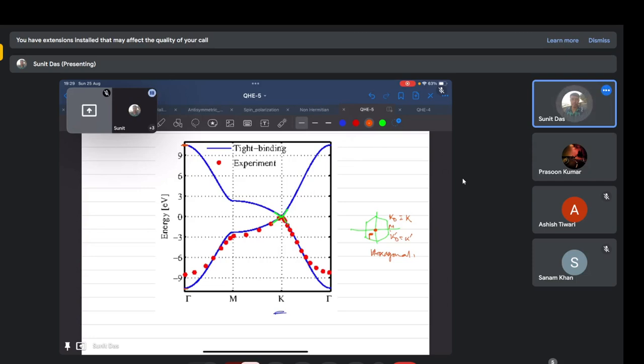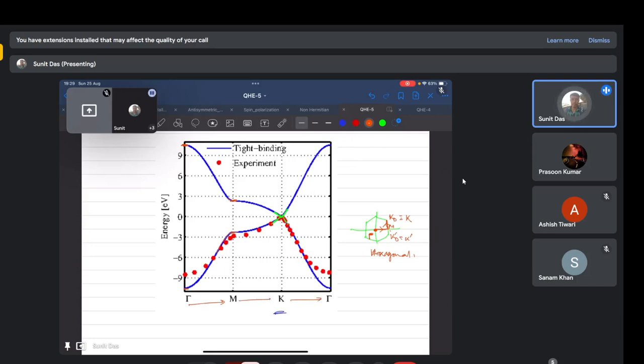Then as you go along this highlighted path in orange, you start from gamma and go to M. The energy reduces to this level for both the conduction and valence band, and then you traverse the path M to K. So you are traveling from gamma to M, then M to K, and then coming back to gamma.